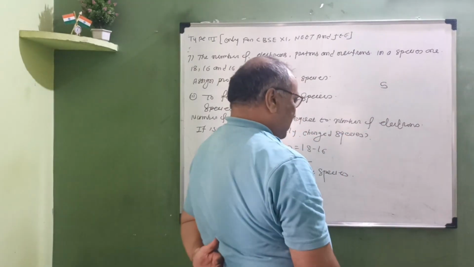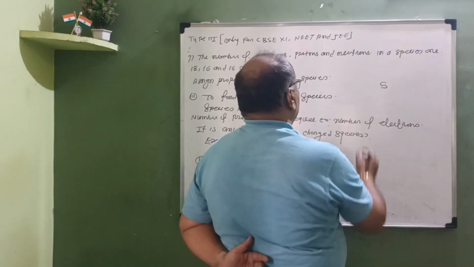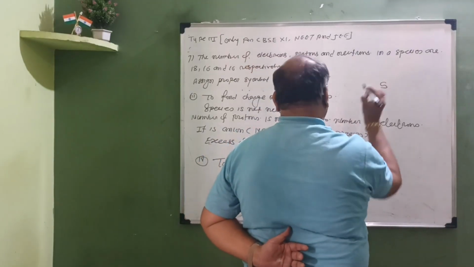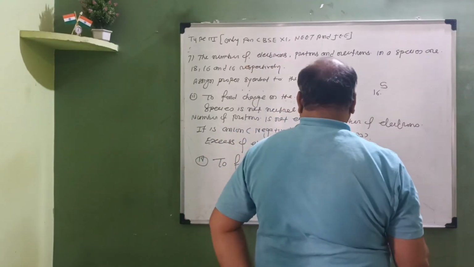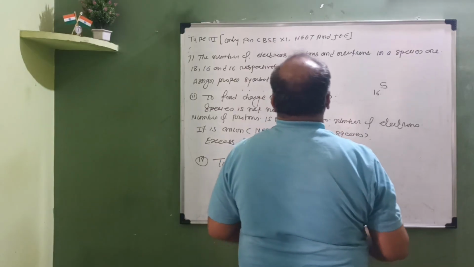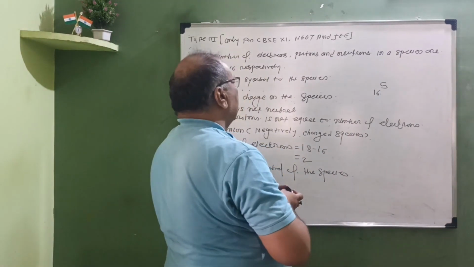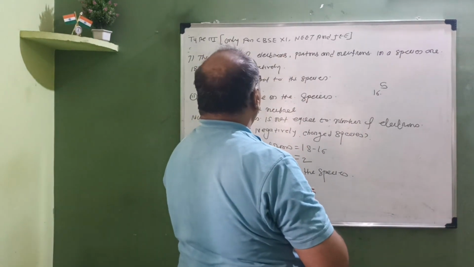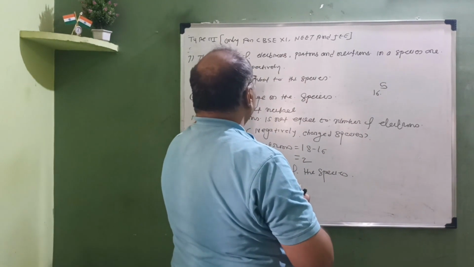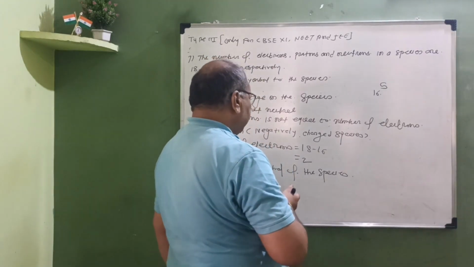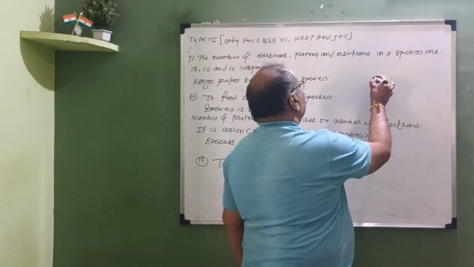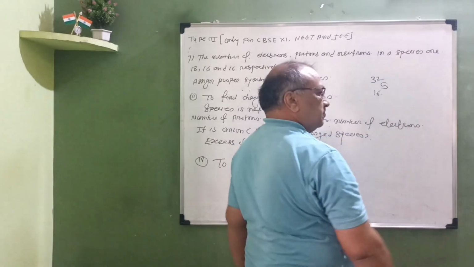Atomic number is 16. Now what is the mass number? In order to calculate the mass number, let us count the protons and neutrons. Protons are 16 and neutrons are also 16. 16 plus 16 is equal to 32.